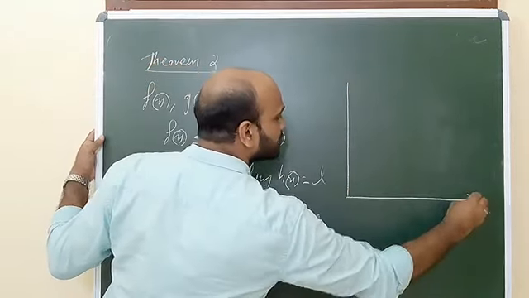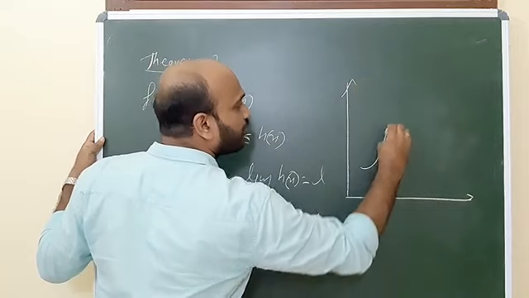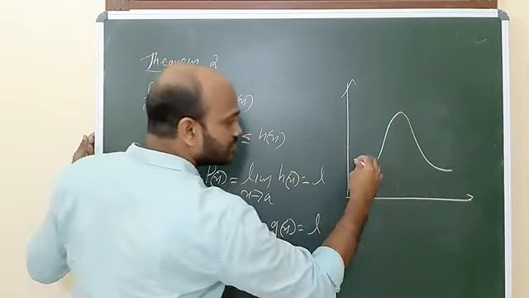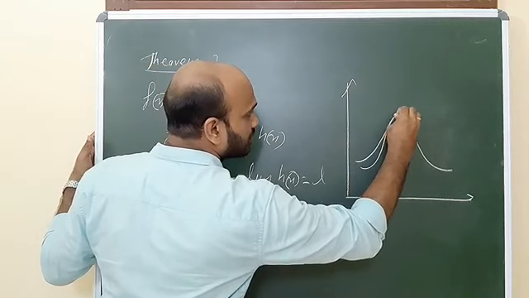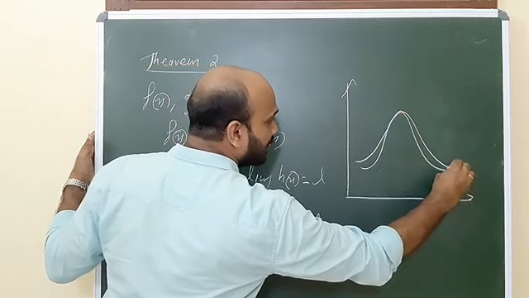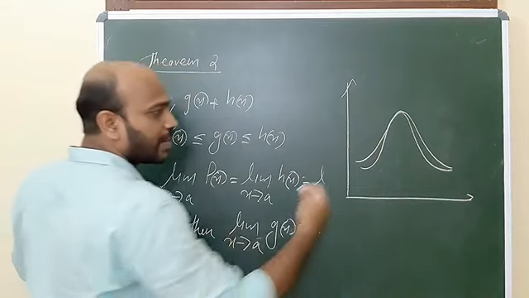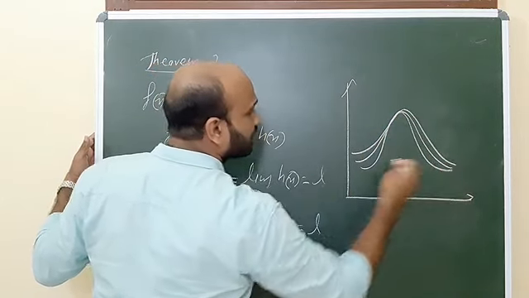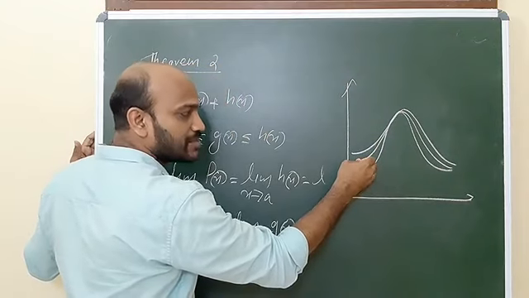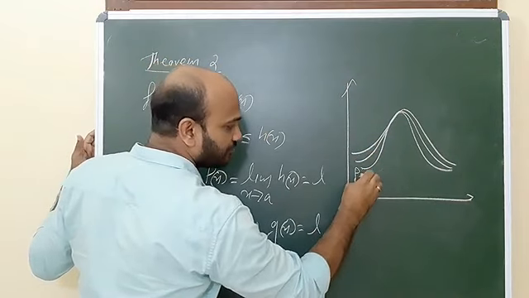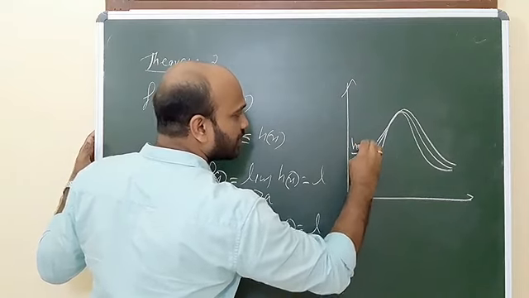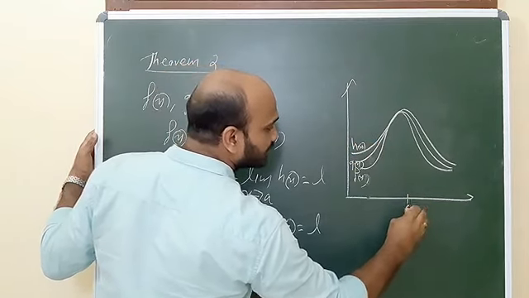We have three functions. f(x), that is the first function. Next one is g(x). Sometimes it can be equal. And the third one is h(x). Suppose the point is a.